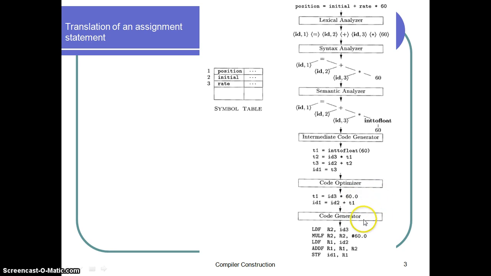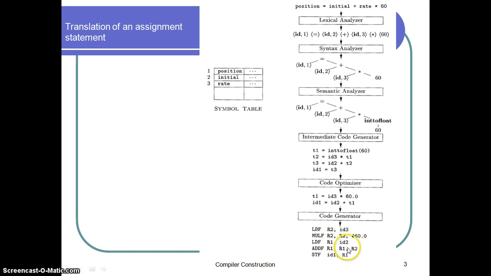After that it will transfer to the code generator, which involves assembly programming with certain registers. It loads id3 into a register, then makes the multiplication with 60.